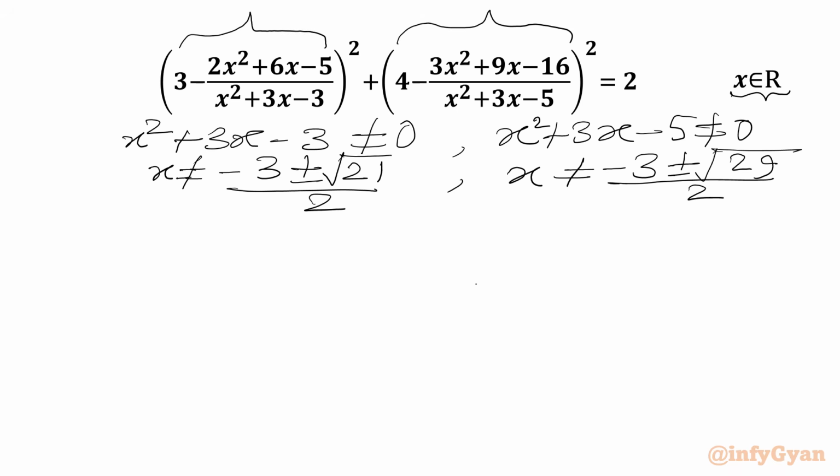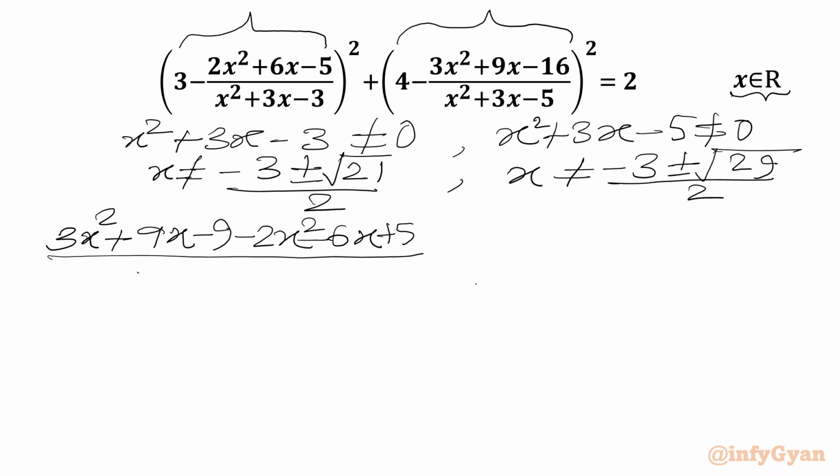Now we are going to take LCM over here. So we will multiply denominator with 3. So we can write 3x square plus 3 times 3x, 9x, plus 3 times minus 3, minus 9. Then we have minus 2x square minus 6x plus 5. And in denominator we will write x square plus 3x minus 3, we have whole square here, plus 4 times denominator.